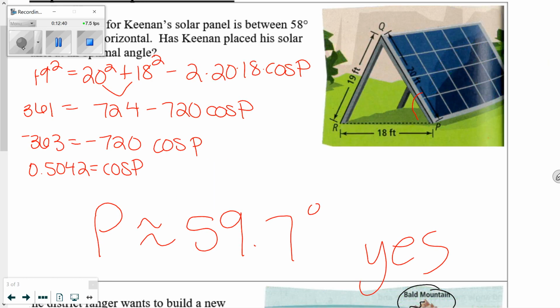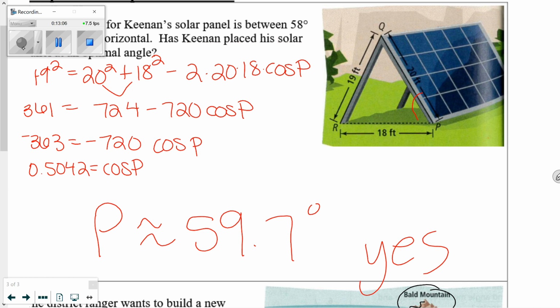All right, so you guys need to double check that you can get the 59.7. Just like I said, the only difference from day 1 to day 2 is they have a follow-up question. So what you need to understand about a solar panel is it works better if it receives more sunlight. So if the rays are shining directly on it, it's going to have more power for you.